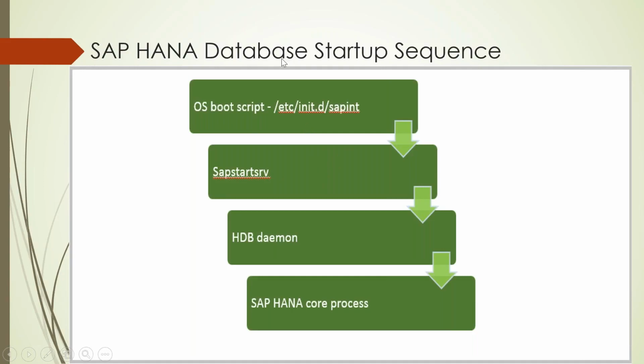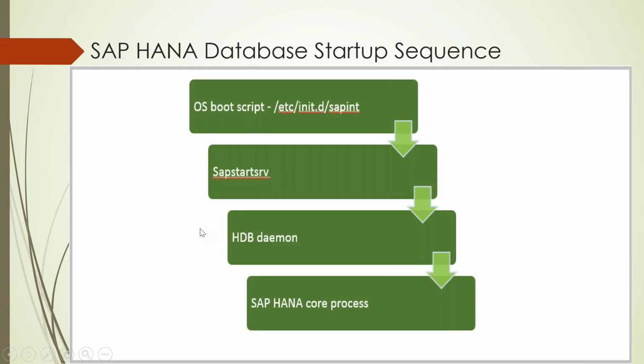In our case, in HANA, sapinit is created and the sapstartsrv service is maintained in these files. Whenever you start and stop the OS, sapstartsrv is started automatically. You don't start and stop the SAP start service.